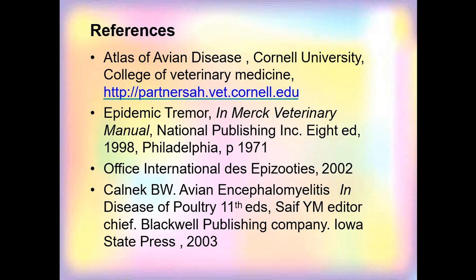Vaccination can be applied to prevent this disease, however it should be done about 4 weeks before the chickens produce eggs, to avoid virus shedding to the environment following vaccination.